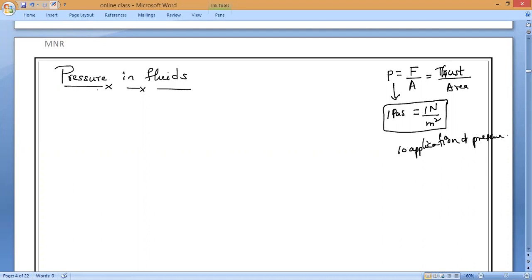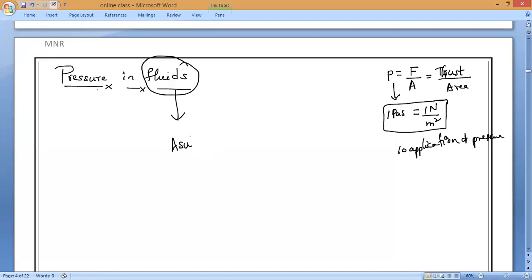Now in today's class, we are going to start the next concept called pressure in fluids. Now, what is this fluid? First of all, understand everybody, a substance which can flow is called a fluid.